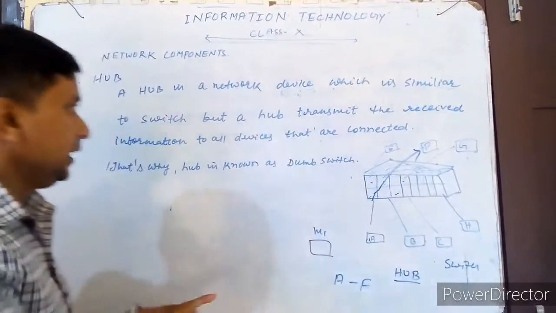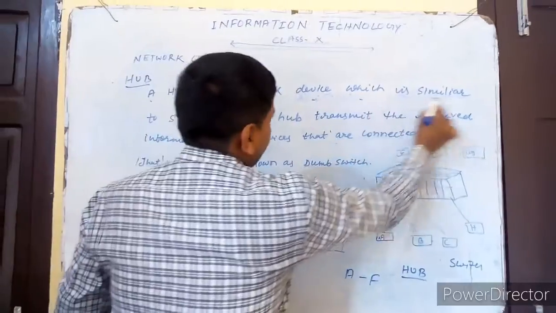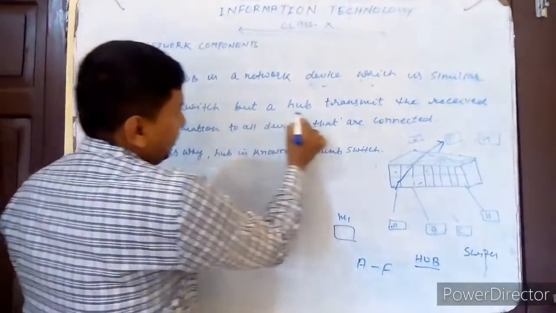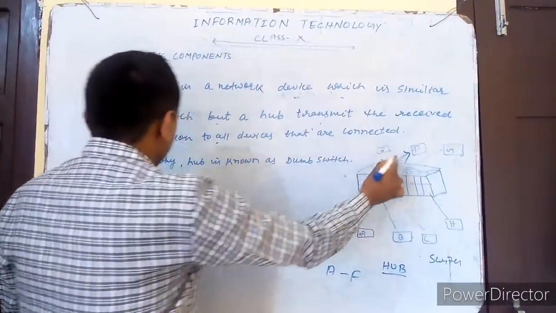Now see hub. A hub is a network device which is similar to a switch, but a hub transmits the received information to all the devices that are connected.